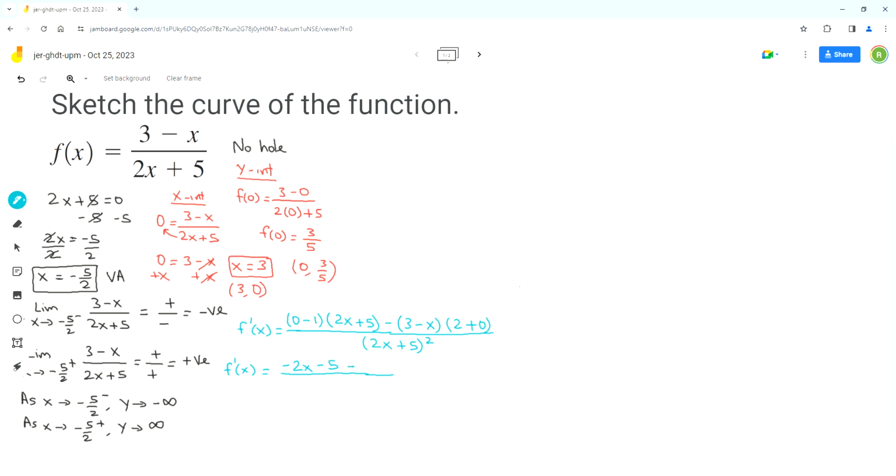So we'll get negative 6 and then plus 2x over the denominator (2x plus 5) squared. Now we can combine like terms in the numerator, so the 2x's get cancelled out, so we are left with f prime of x equals negative 11 over (2x plus 5) squared.